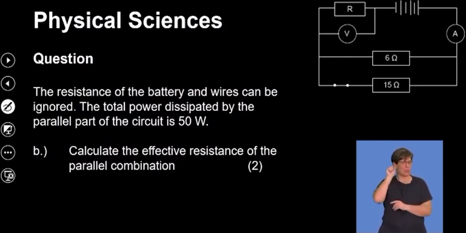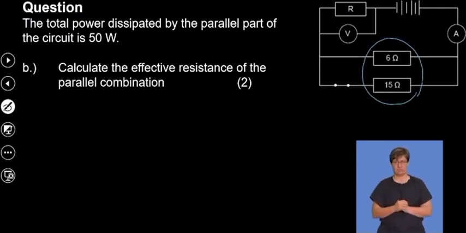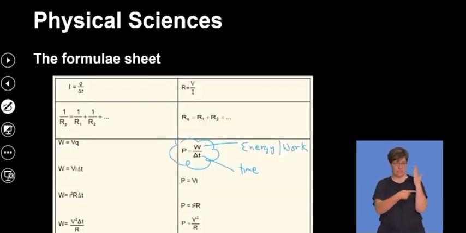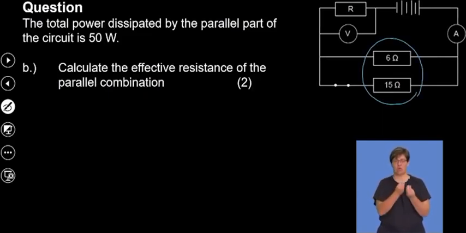Now, the follow-up question says, calculate the effective resistance of the parallel combination, right? If you look at that, we are talking about these two resistors, okay? What is their combined resistance, okay? Again, if we go back to our data sheet, you'd realize that for a parallel circuit, this is the formula that you need to make use of. But if there are two resistors in parallel, we can use even the product over sum, okay?